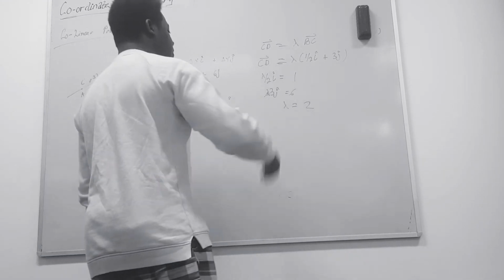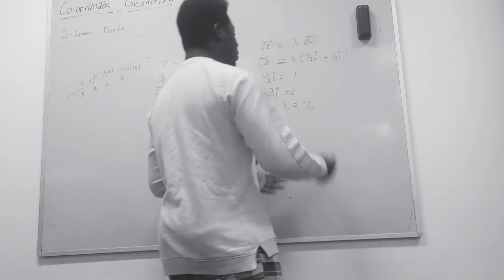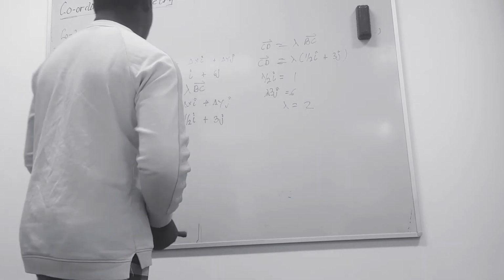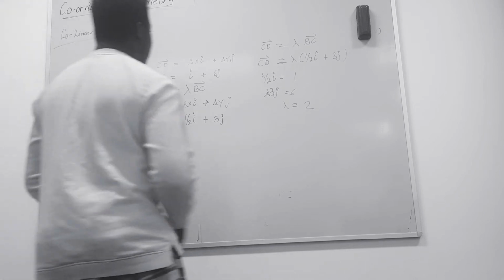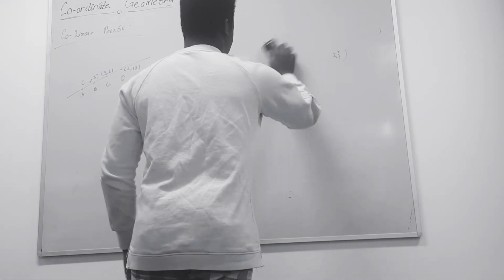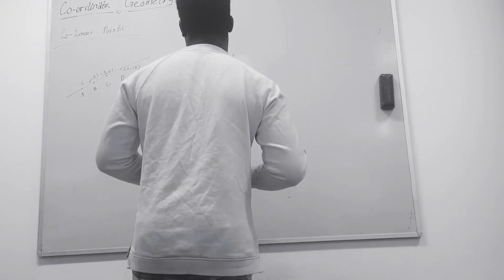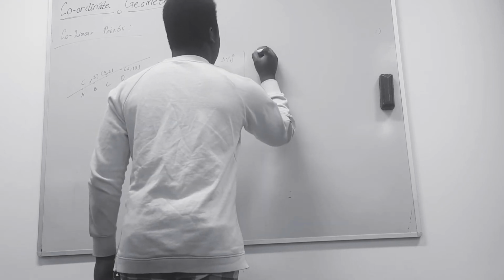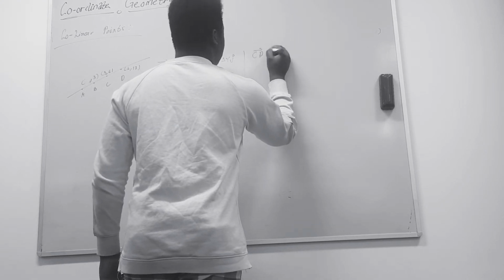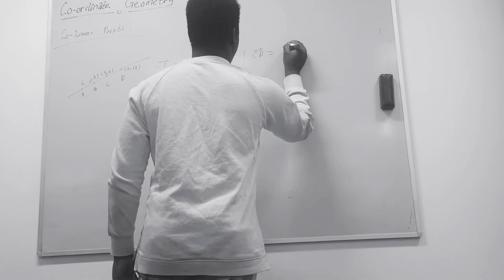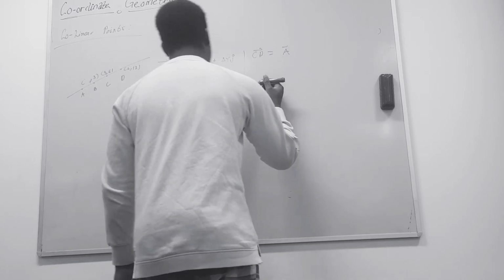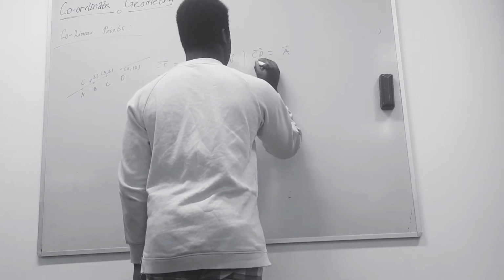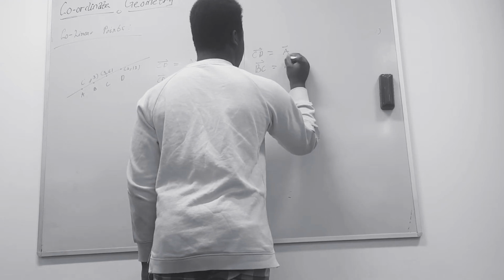I know that the scalar multiple in this case is 2. That's what scales the vector up. Now, let's define some things. Let's say that the vector CD is equal to just one entity A, and the vector BC is equal to one entity B.